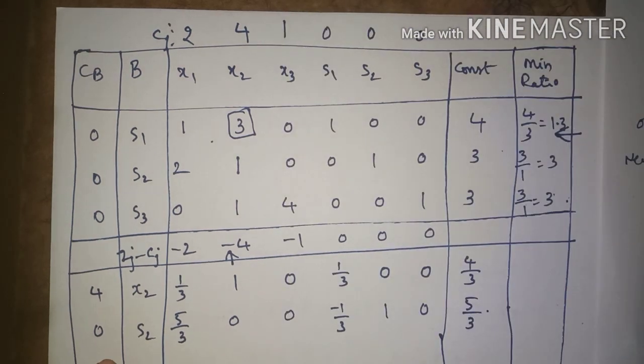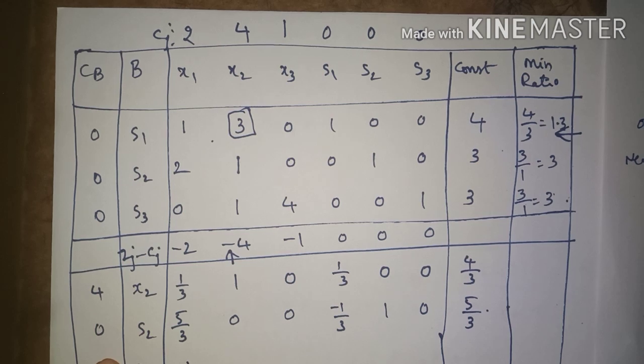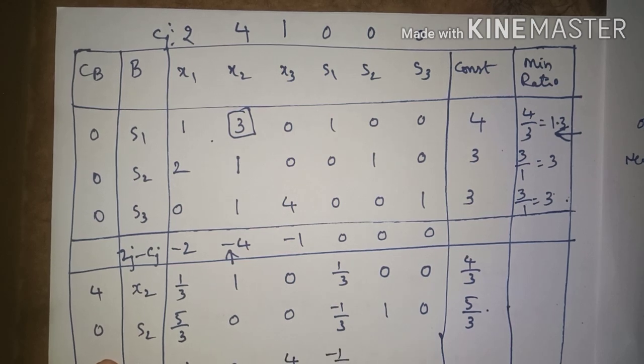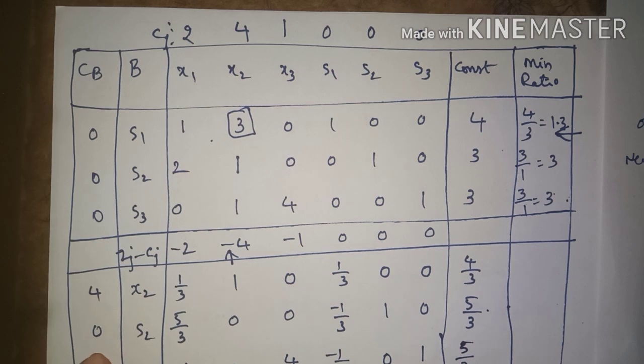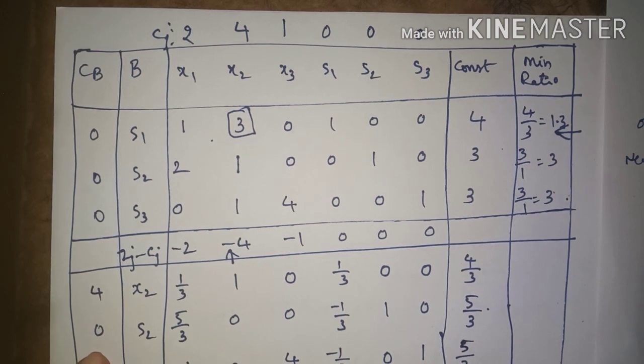So you will get the third row as minus 1 by 3, 0, 4, minus 1 by 3, 0, 1, 5 by 3. So you will get it like this.